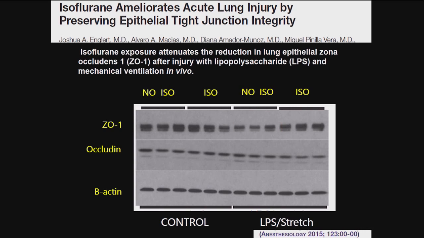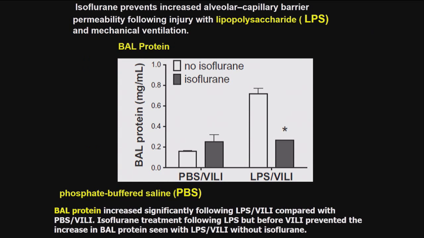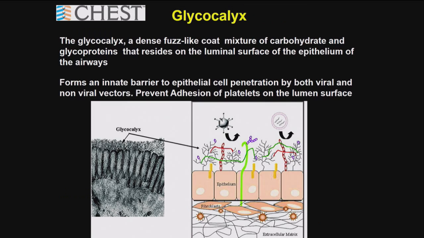But if I put isoflurane back, it's restored again. And if you look here again, with normal, with isoflurane, look, the amount of this protein in the alveoli is much higher with isoflurane than without. So isoflurane keeps the tight junction.